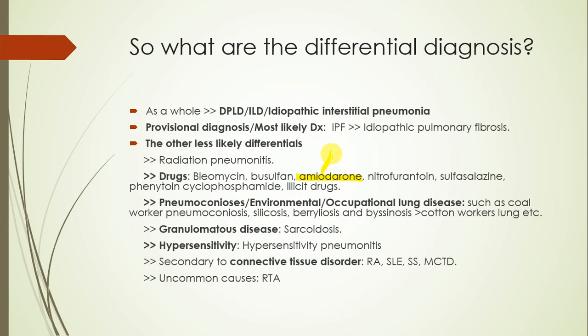Can you tell me what are the other common side effects of amiodarone? Okay. So if you see the name amiodarone, it has iodine in the middle. So iode. It means it has iodine. And whenever something contains iodine, it can affect the thyroid gland function.